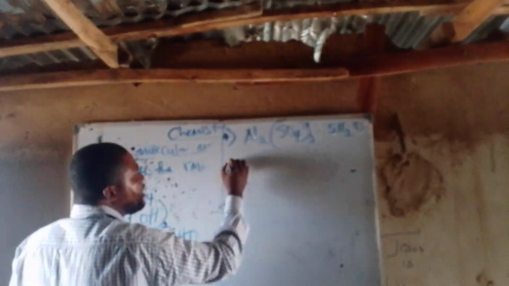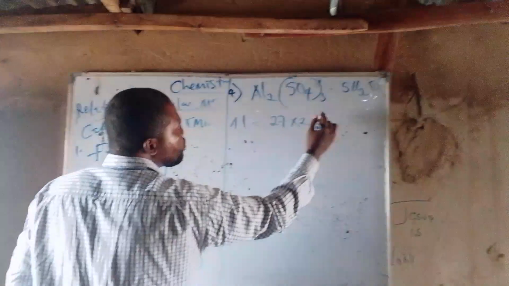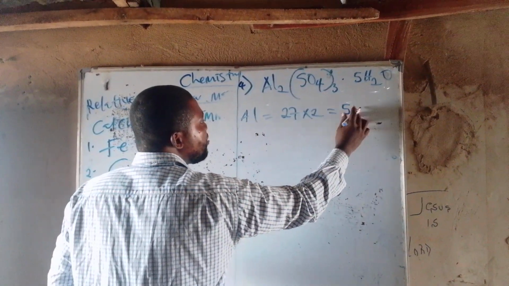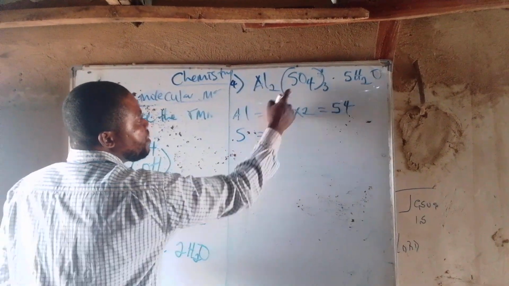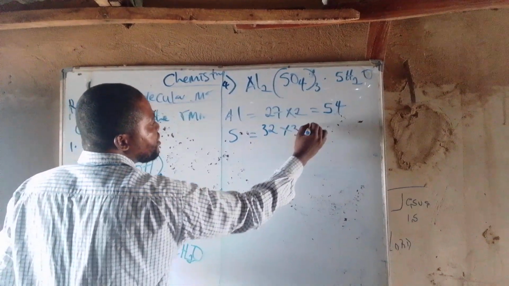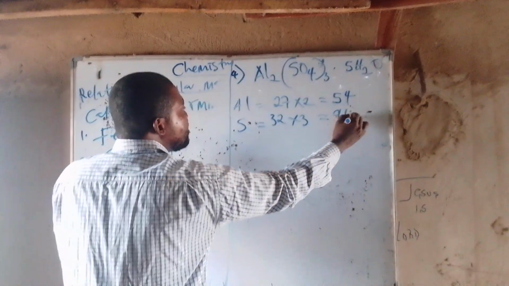Al I know is 27. Al, mass number 27. 27 times 2 is equal to 54. S is 32. 32 times 3 is 96.